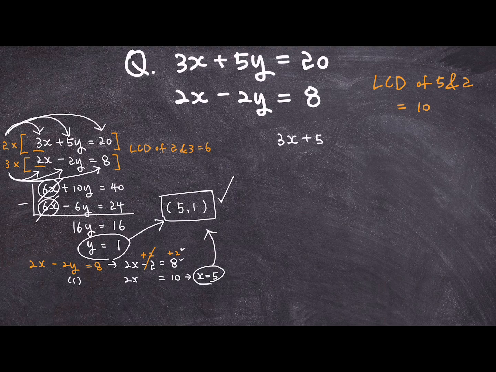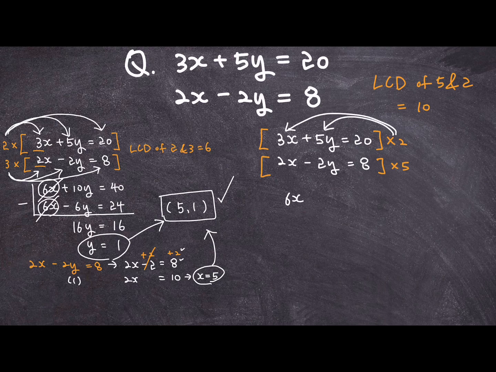3x plus 5y is equal to 20. 2x minus 2y is equal to 8. I'm going to multiply 2 and 5. That'll give me 6x plus 10y is equal to 40, and 10x minus 10y is equal to 40.